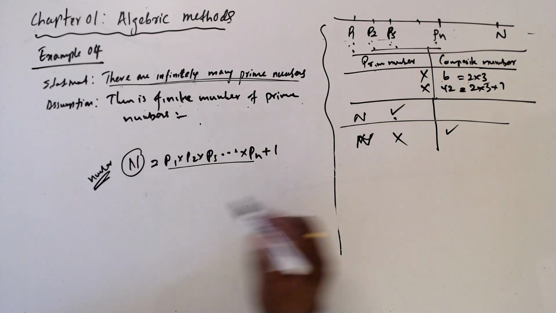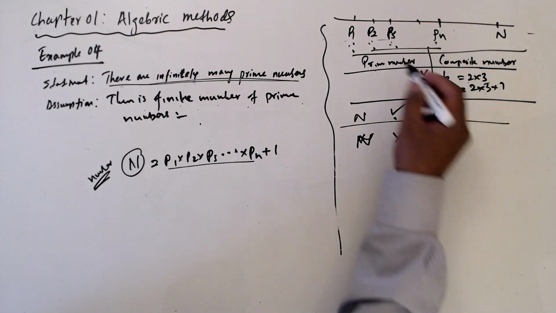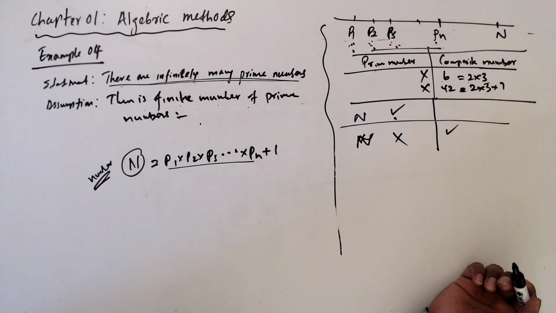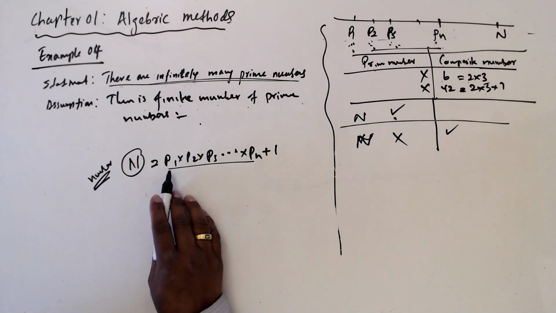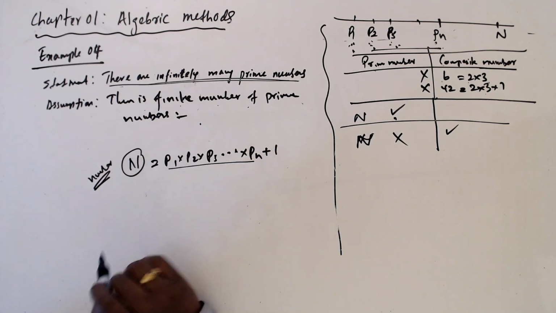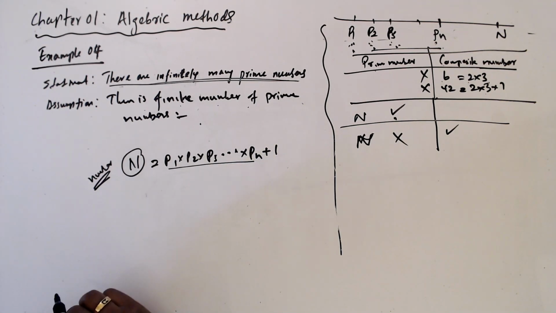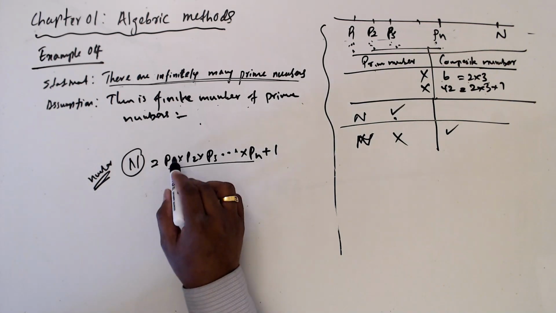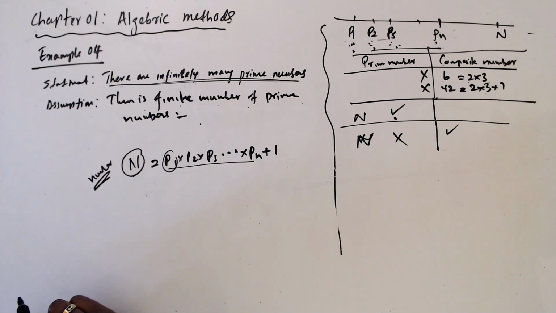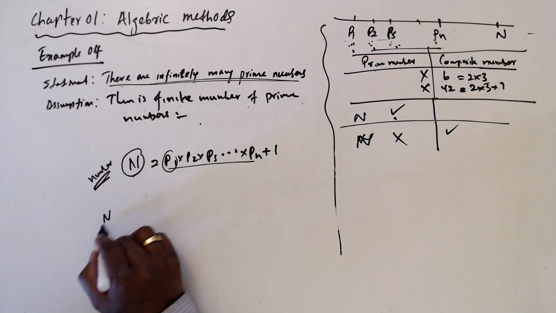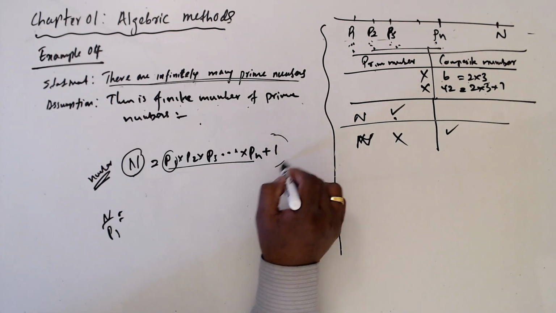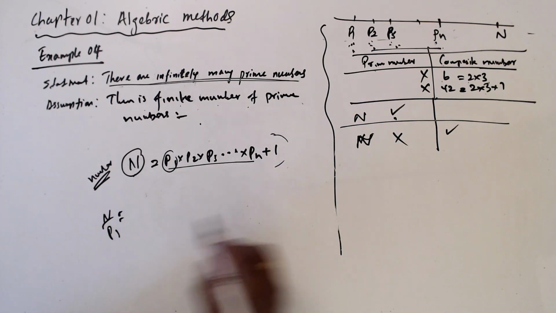Hence, we have only those prime numbers in our hand. Is P1 a prime factor of n? P1 is not a factor of n, because when you divide n by P1, you can see that there is a remainder 1. So P1 is not a factor.